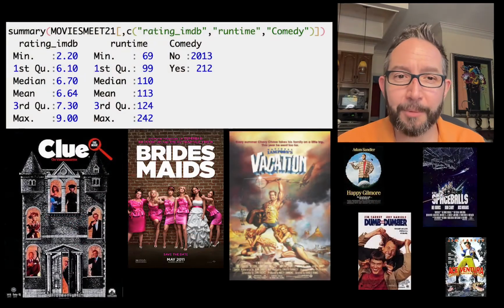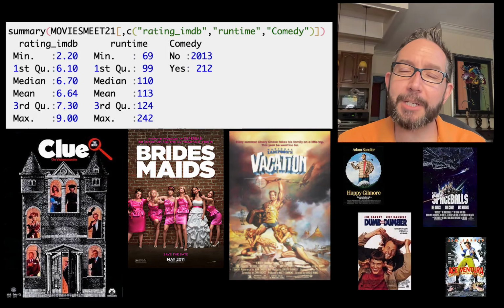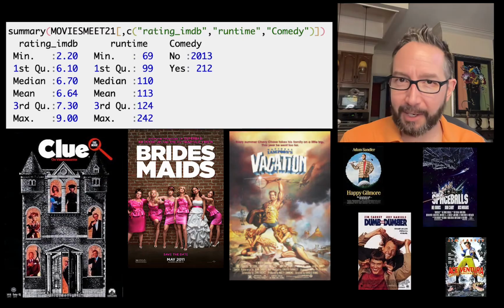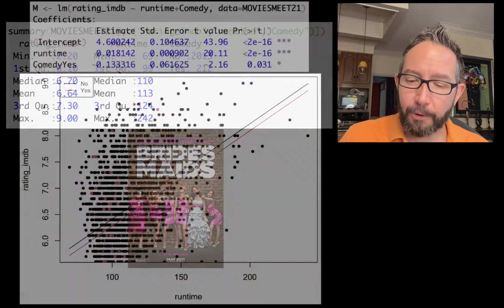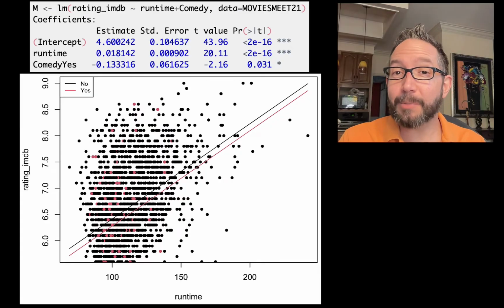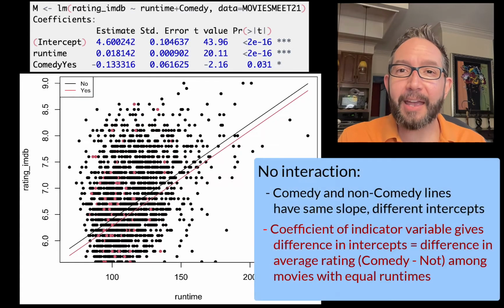One more example with movies. Let's try to predict the IMDb rating based on runtime, and also whether or not a movie is a comedy. If we predict IMDb rating from runtime and our indicator variable for comedy, once again, they're going to have the same slopes, just different intercepts. And the vertical separation, that difference in intercepts, lets us know the difference in average rating when we compare movies of the same runtime, when one's a comedy and one is not.